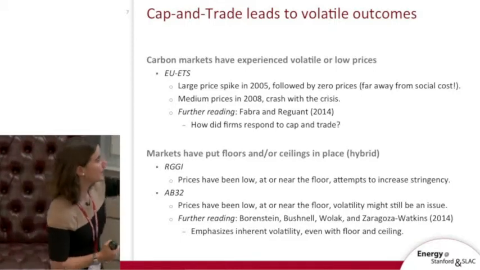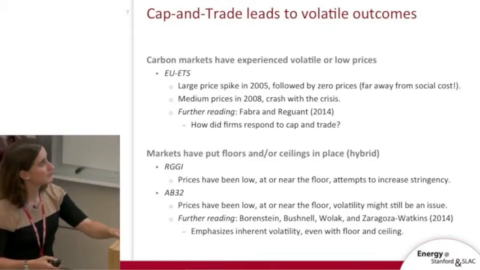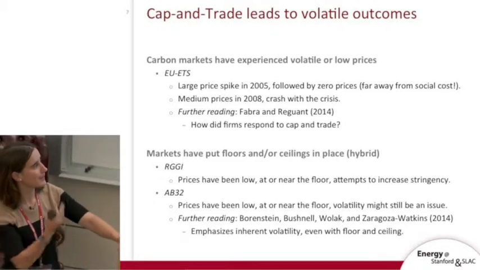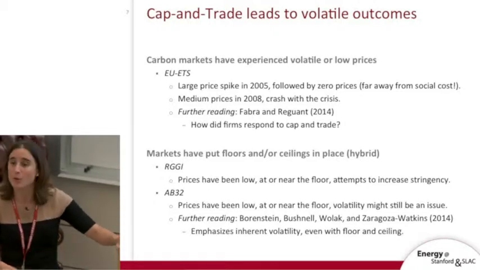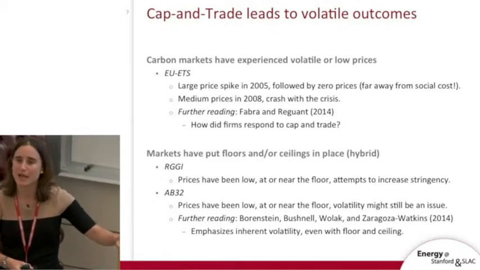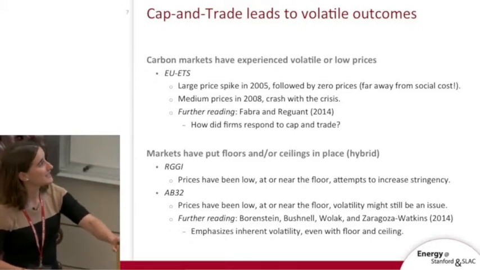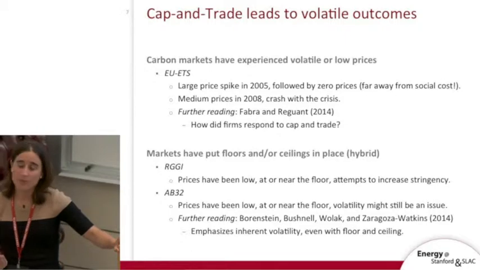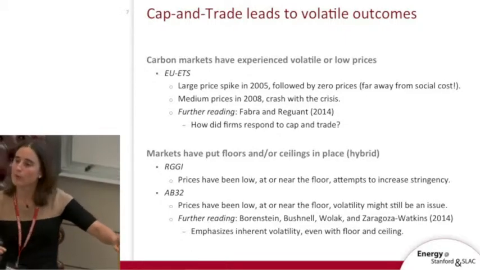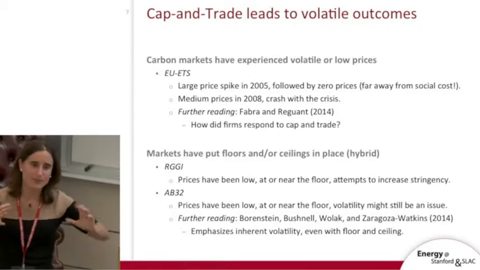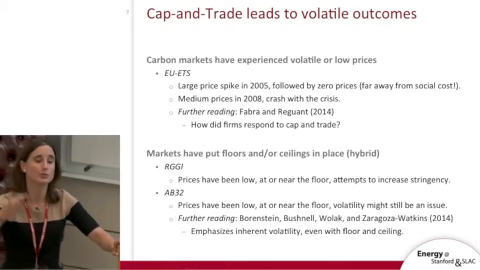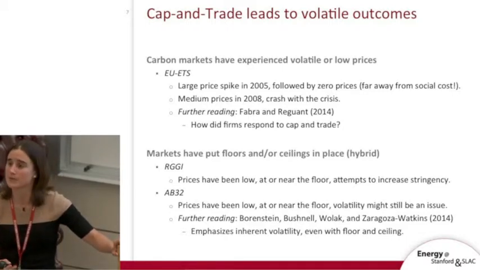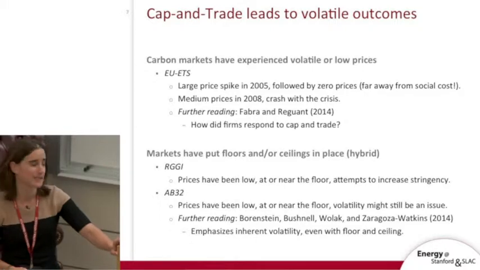If you are interested in the performance of the AB 32, there's this paper by Borenstein, Bushnell, and also Frank Wolak, who's also a professor at Stanford, where they study the volatility of prices in AB 32. And what they show is that even with a floor or a ceiling, a cap-and-trade mechanism can lead to pretty volatile outcomes, okay, pretty volatile prices.